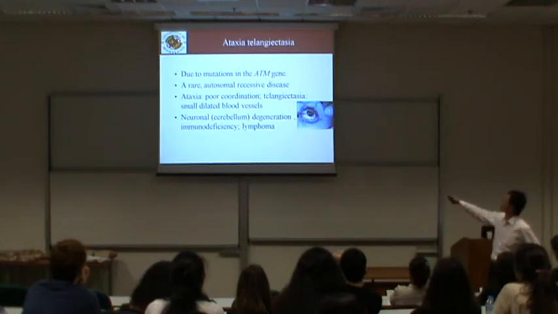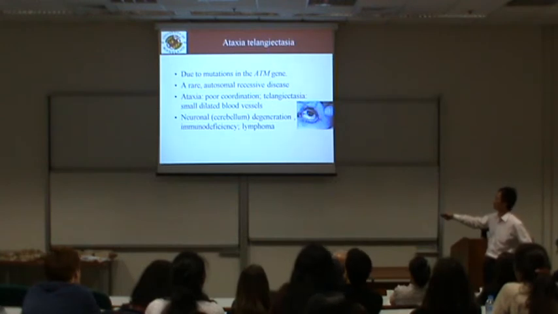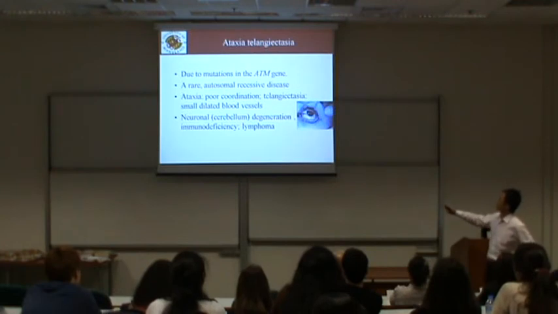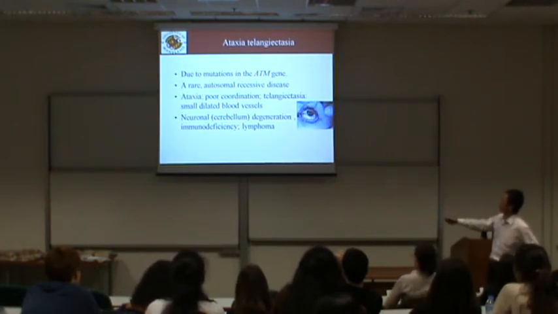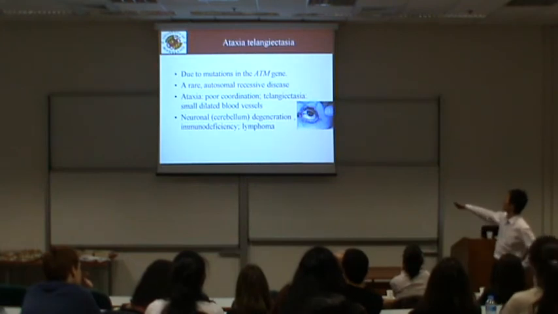These two words mean: ataxia means poor motor coordination, and one of the hallmarks of ataxia telangiectasia is cerebellum degeneration. The other phenotype, telangiectasia, means small dilated blood vessels on the skin or in tissue such as the eye.